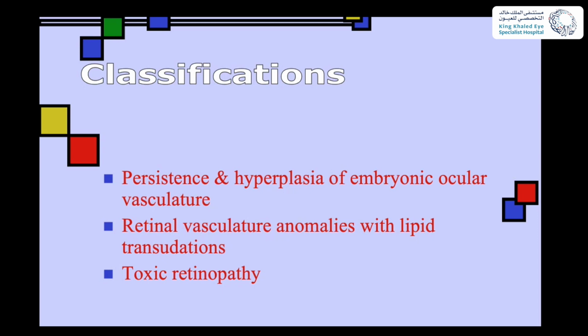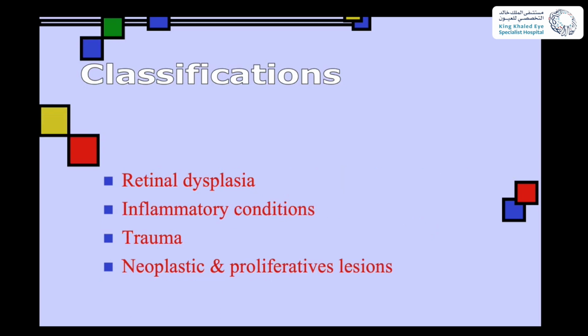Retinal abnormalities, toxic retinopathies, retinal dysplasia, inflammatory conditions, toxocara, or any endogenous endophthalmitis in a young patient with a history of either poor immunity or exposure to an IV line in the ICU sometimes. History of trauma, and neoplastic and proliferative lesions.